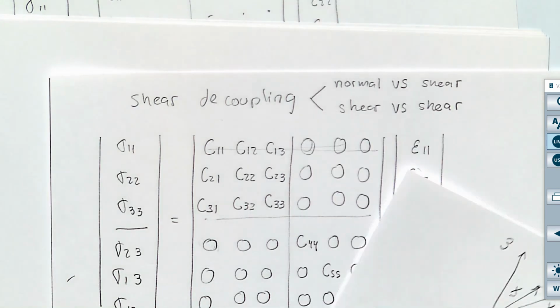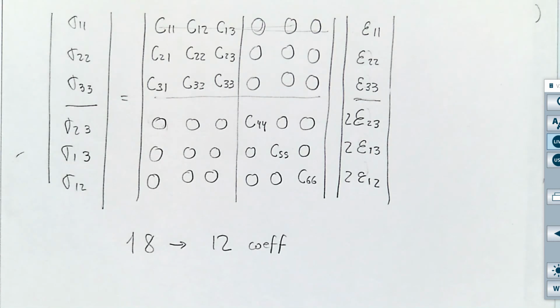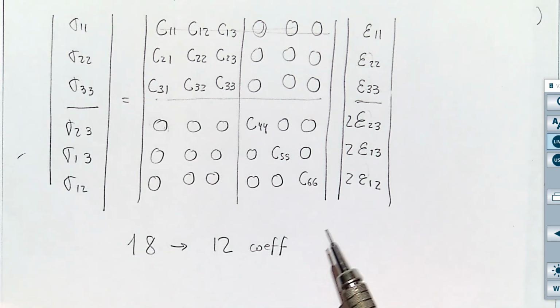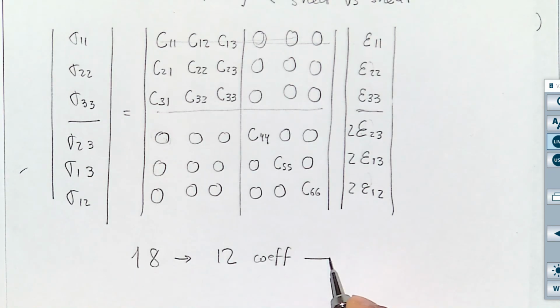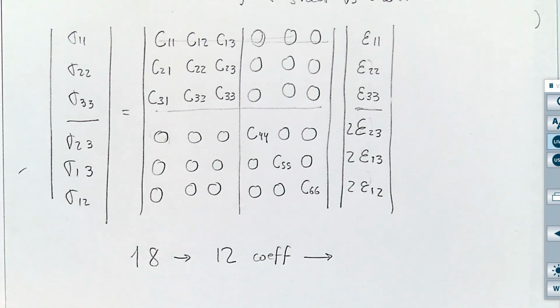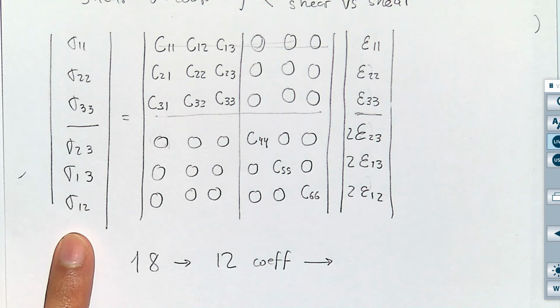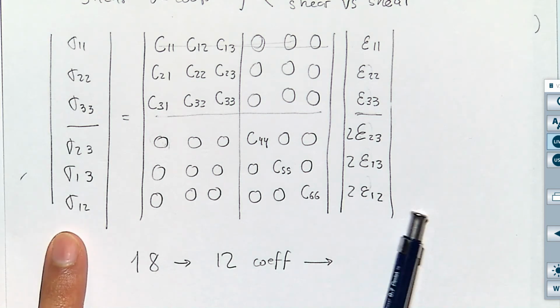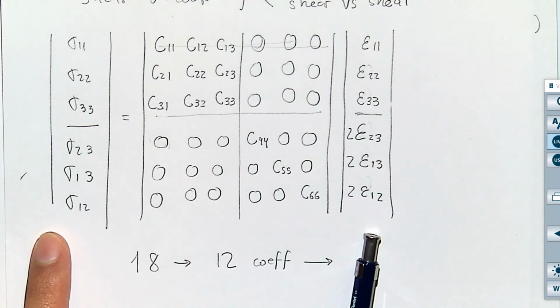All right, so now we have 12 coefficients, but there is one more thing that I can do over here. This is a symmetric matrix, and we knew that it was a symmetric tensor.